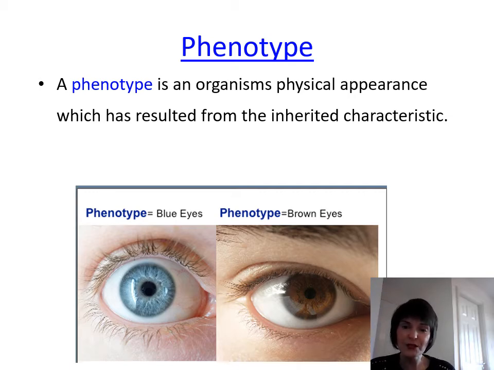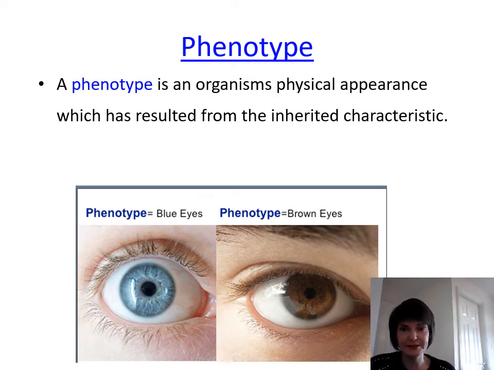That's what we mean by physical appearance. It's what they look like. The phenotype for the one on my left would be blue eyes, and the one on the right is brown eyes. We describe those eye colours as the phenotypes. That's what we call a phenotype.